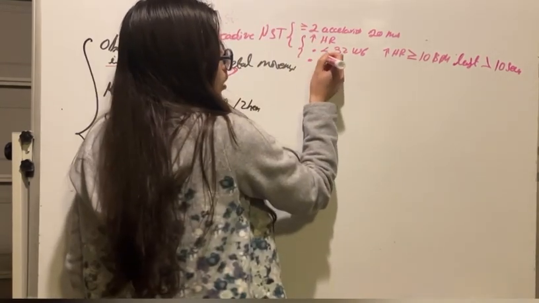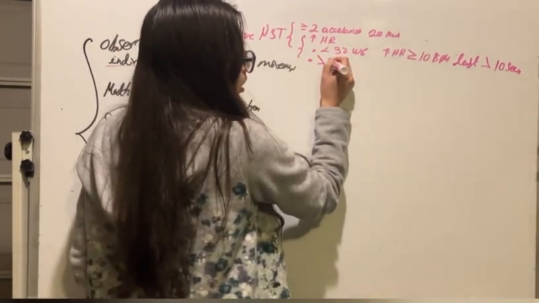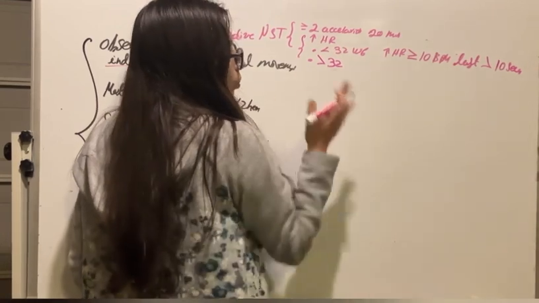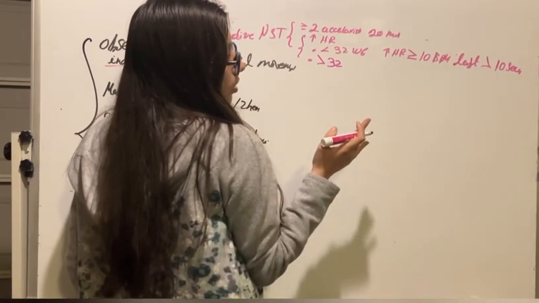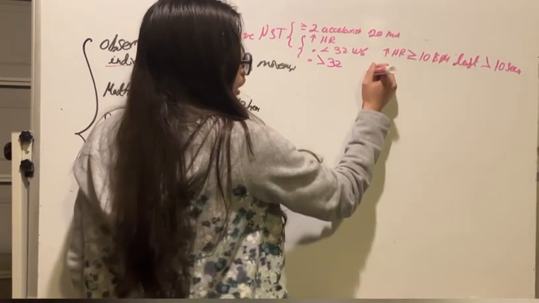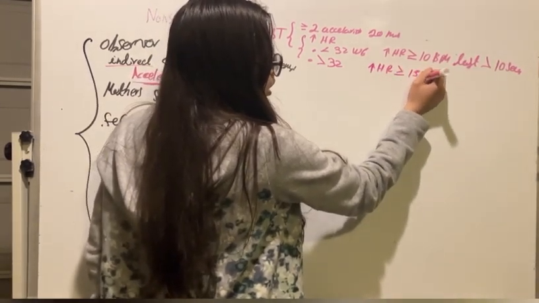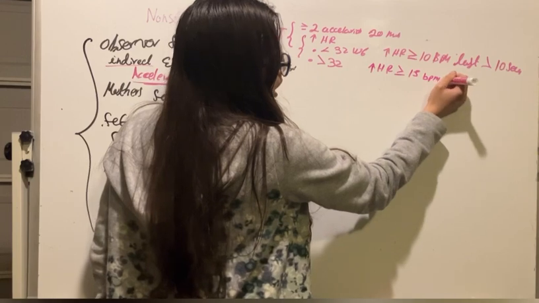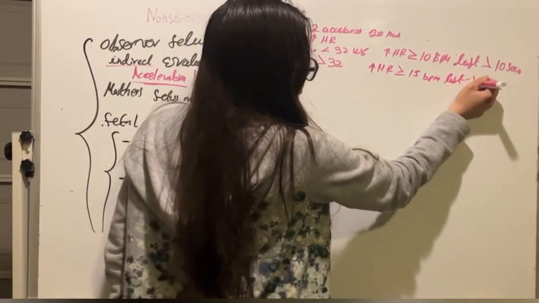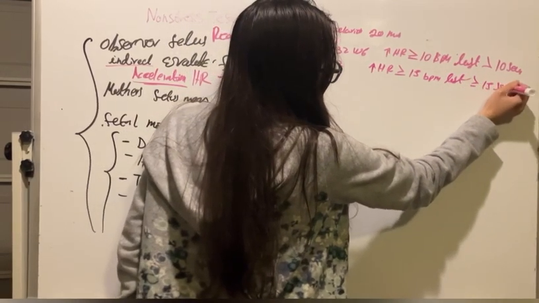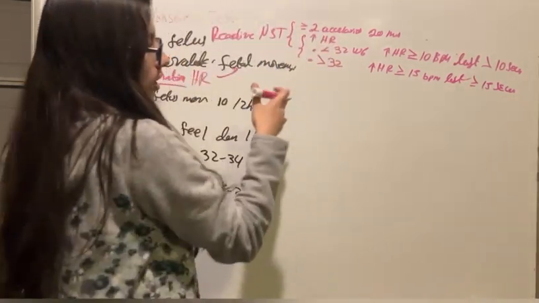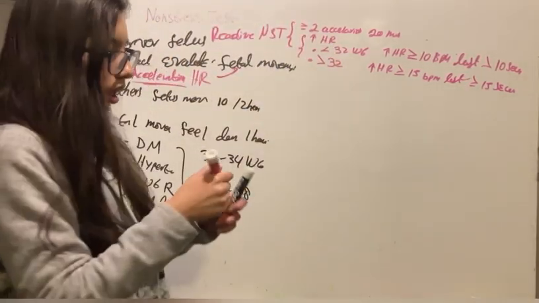But if the patient has more than 32 weeks gestation, then we are looking for an increase in heart rate greater than or equal to 15 beats per minute, lasting more than 15 seconds. So this also depends on the gestational age.